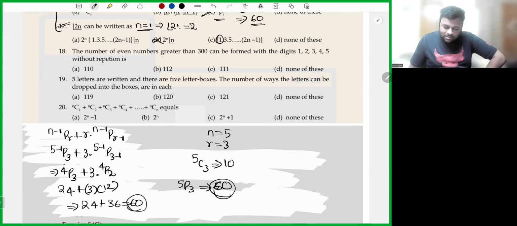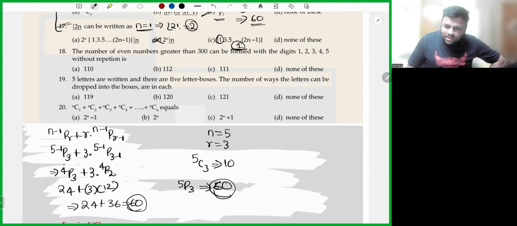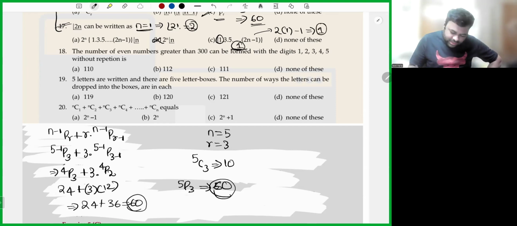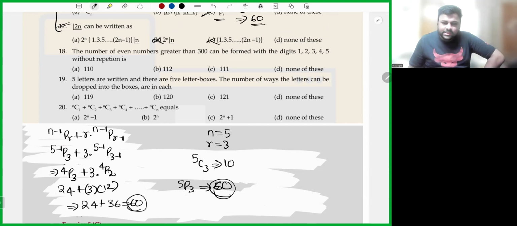What is the first number here? 1. When you substituted n equals 1, you got 2 here, but here you got only 1. How can you get that only 1? 2 into 1 minus 1. What is 2 into 1 minus 1? 1. Is it satisfying? No, it's not satisfying again. So option C cannot be the answer.